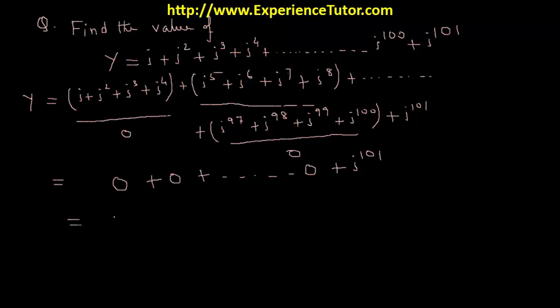Now i to the power 101 can be written as i to the power 4 into 25 plus 1, which can again be written as i to the power 4 into 25 into i.